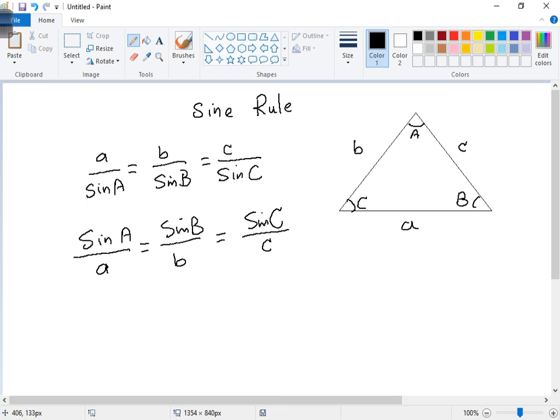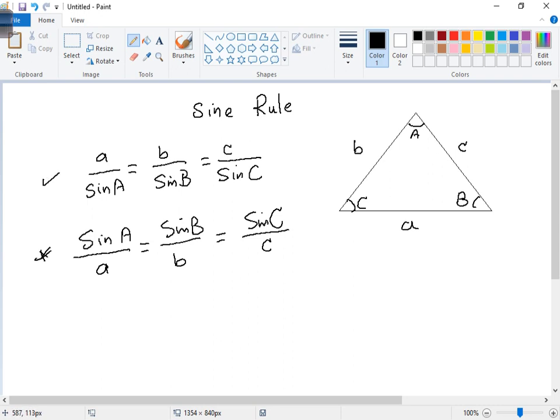If they give you sides and ask you to get the angle, you use this one. But if they give you angles and ask you to find a side, you use this one.